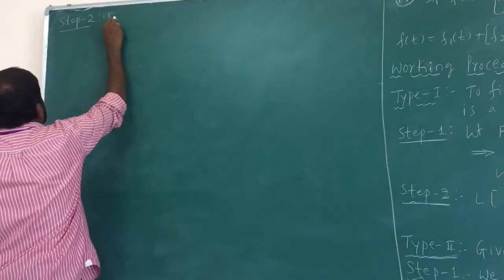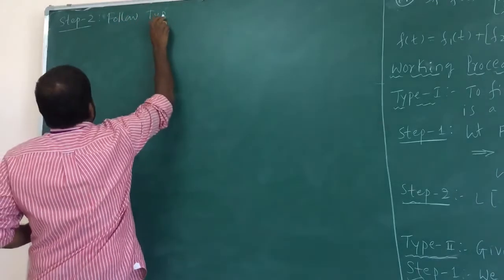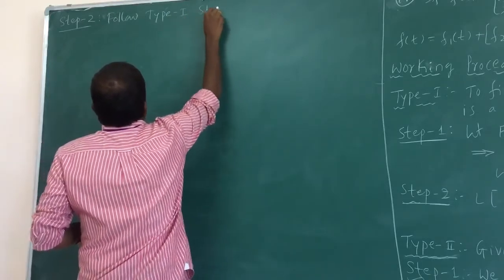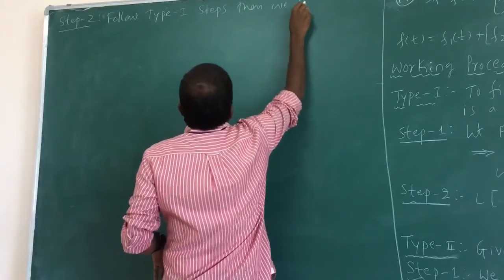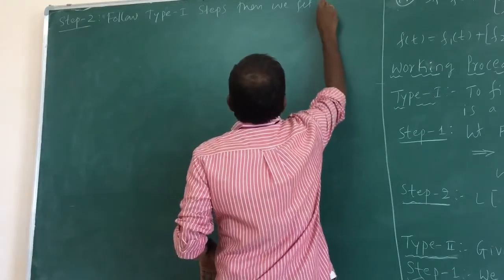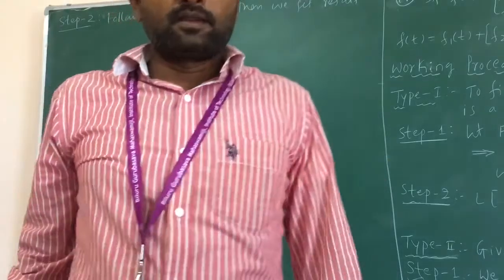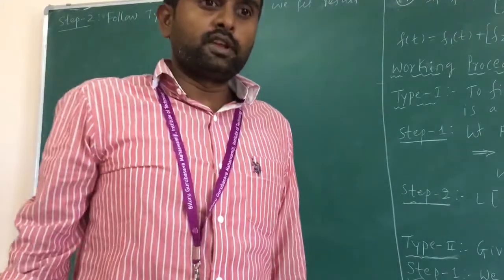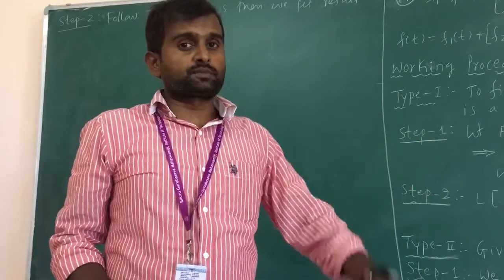Now follow the type 1 steps. That's it, right? So after getting f of t, we need to follow the type 1 steps, both 1 and 2 steps.